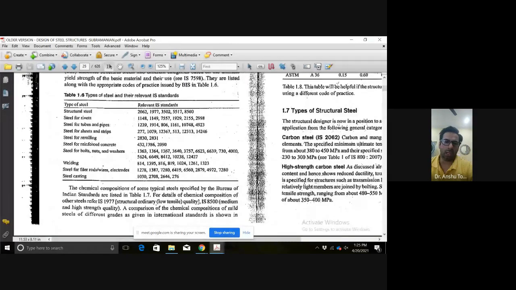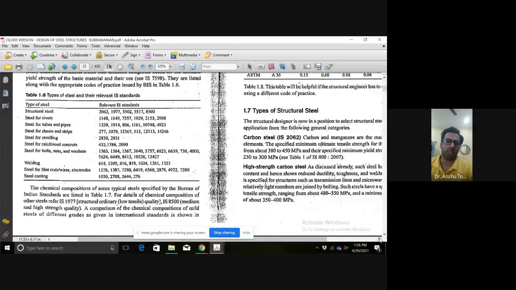Yesterday in the class, we discussed the constituents of iron and steel, how the variation of the carbon decides the category of the steel, whether it is iron, wrought iron, ingot iron, plain carbon steel, low carbon steel, medium carbon steel, or any other alloy.